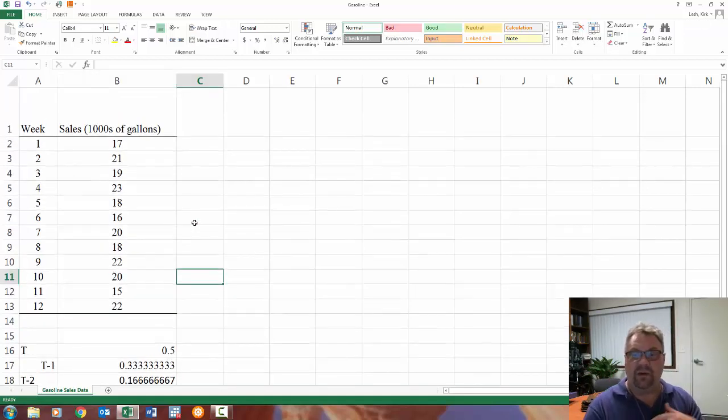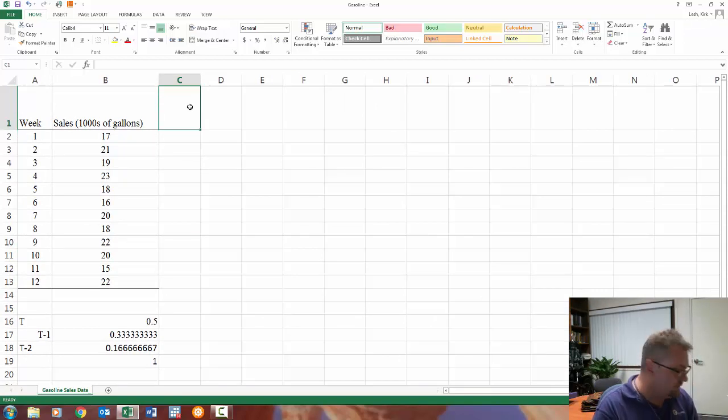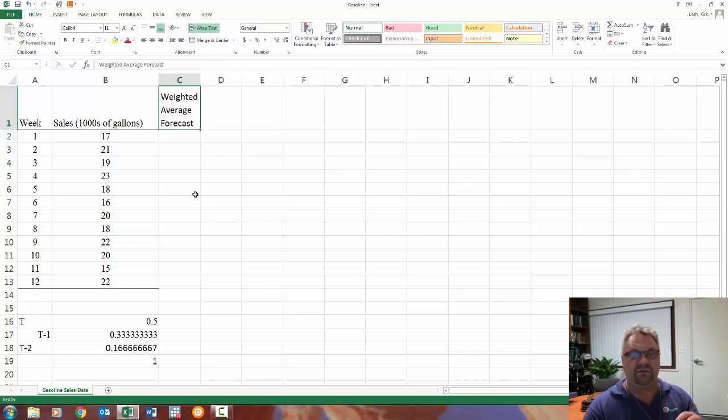Okay, now we have to use this information to calculate our weighted average forecast. Since we're going to use the previous 3 periods, I can only start in period 4.